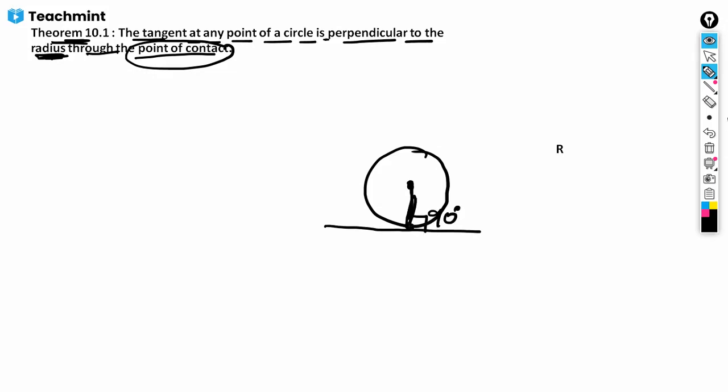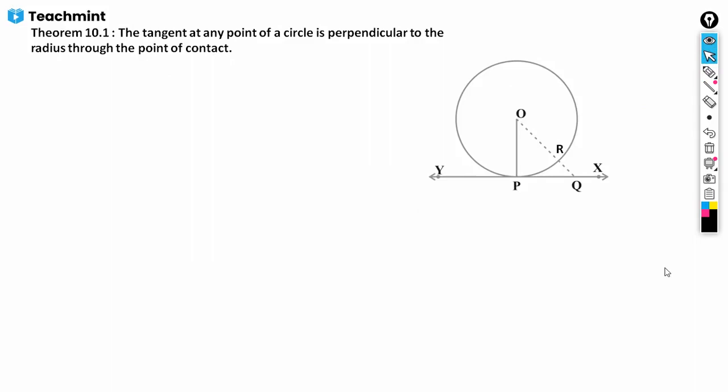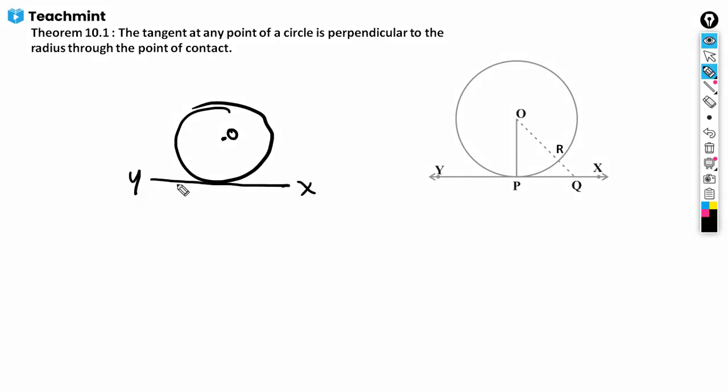After understanding the statement, let us see the next steps. Observe the diagram neatly. There is a circle with center O, and a tangent XY. XY is a tangent and P is the point of contact.